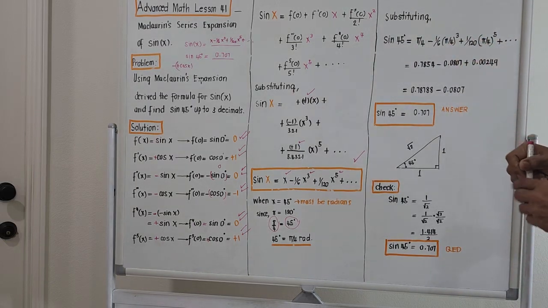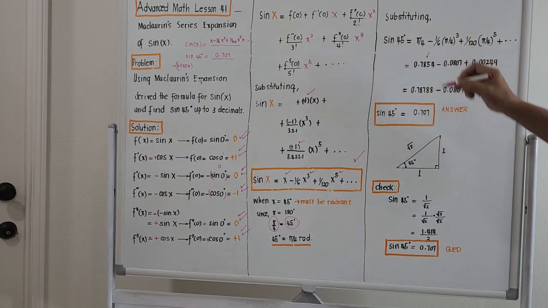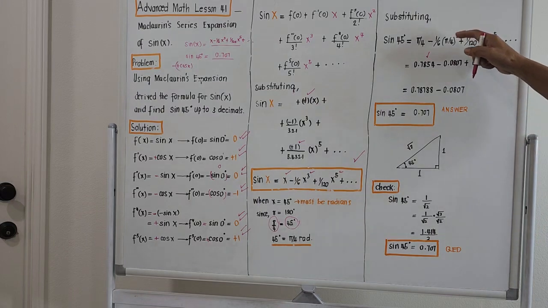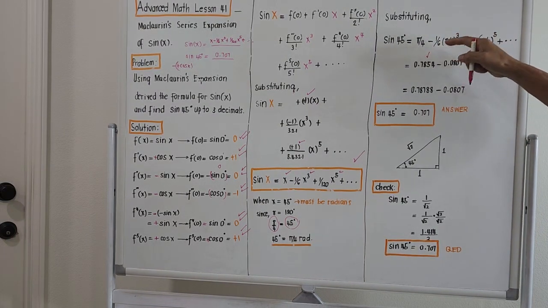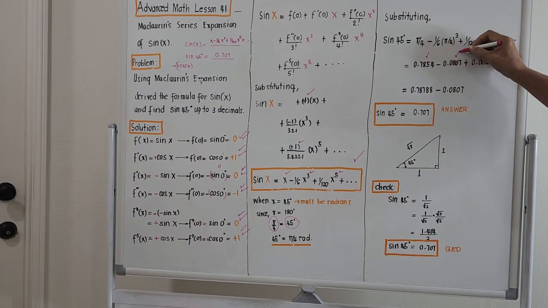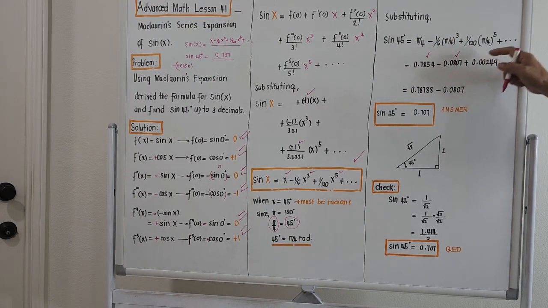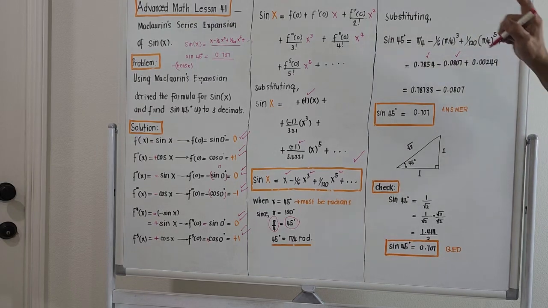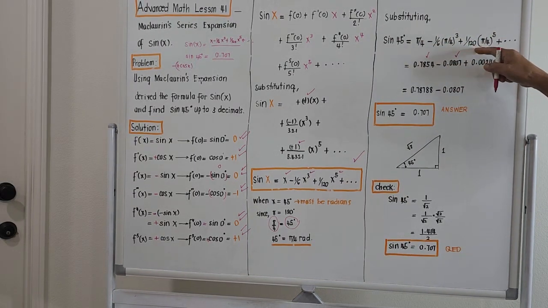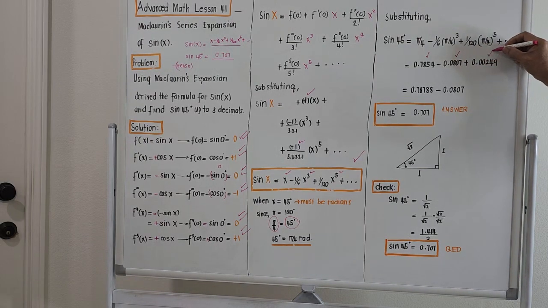Pi over 4 is 0.7854 by using your calculator. Pi over 4, you raise that to the third power, divided by 6. What comes out will be 0.07. And pi over 4, we raise that to the fifth power, we divide that by 120. What comes out is 0.00249.